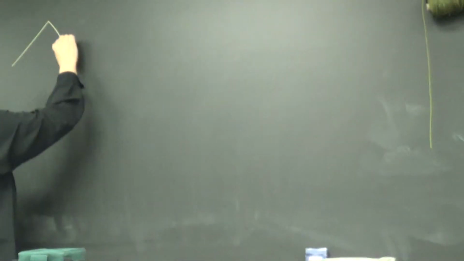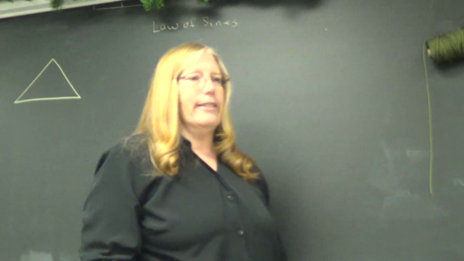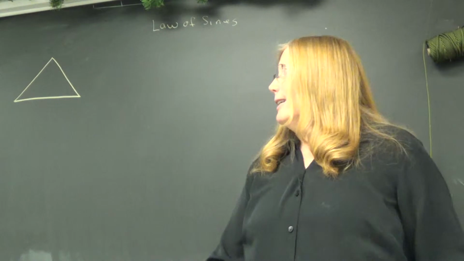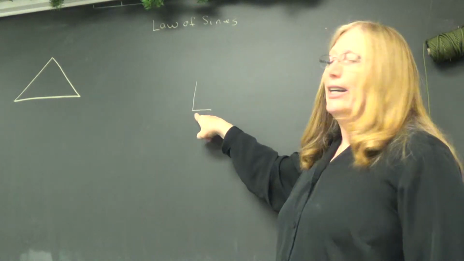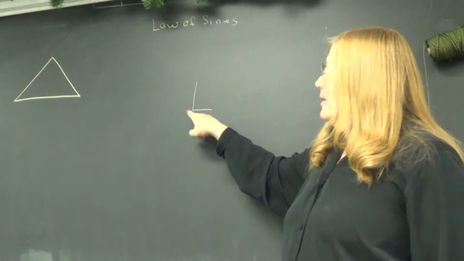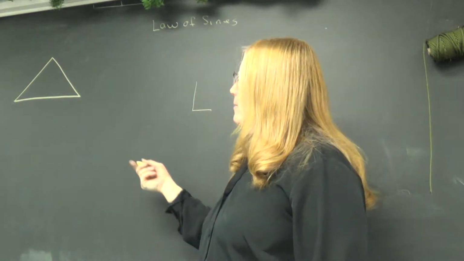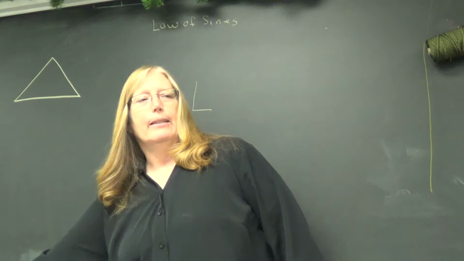Let's develop it. Give yourself a triangle. The only requirement is not a right triangle. Can you see that my triangle is not a right triangle? Remember, a right triangle has an angle that looks like that somewhere in it, a right angle. So notice this is not a right angle. There are other choices you could make, but that's the triangle I chose.